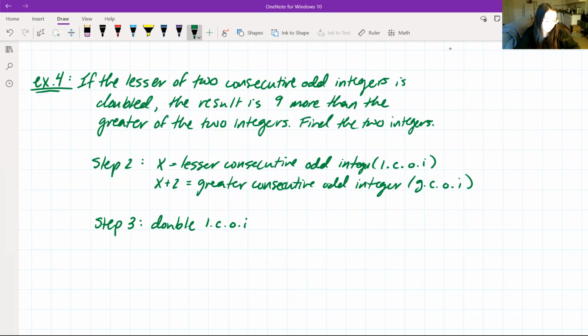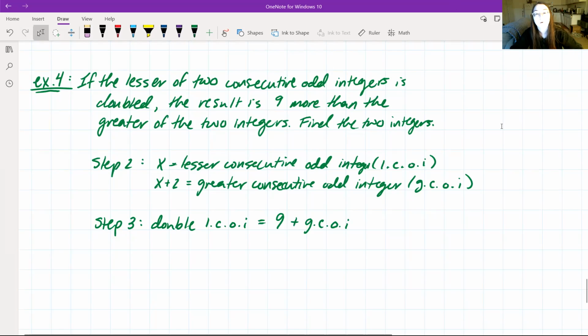So in this case, double the lesser consecutive odd integer, quite the mouthful, is going to be equal to 9 more than the greater of the 2 integers. So 9 plus our greater consecutive odd integer.